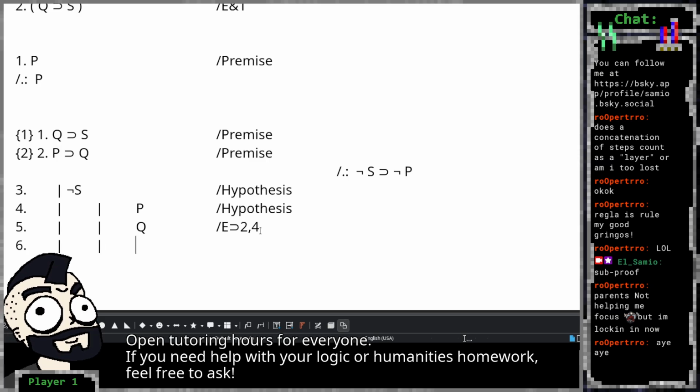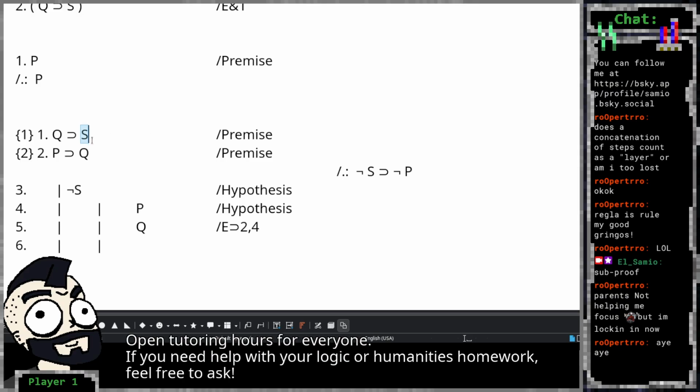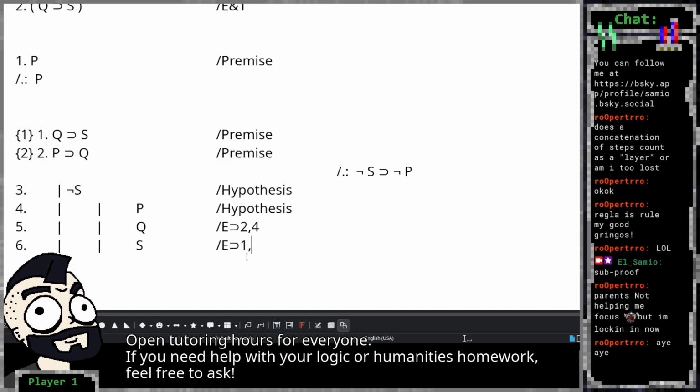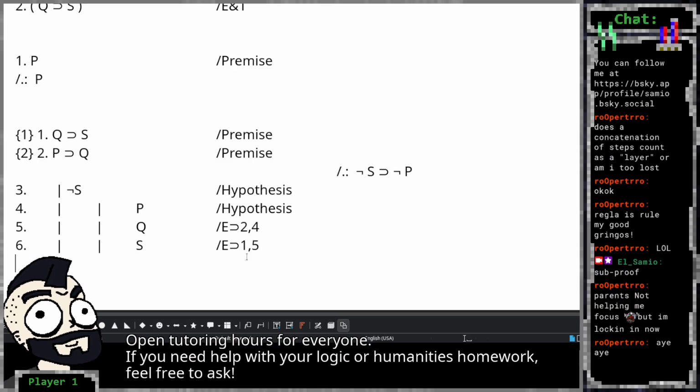Because I have Q, which is the antecedent of 1, I can extract S by the same rule, conditional elimination or modus ponens, of the formula at 1 with antecedent that is at 5. In 7, I have a contradiction.